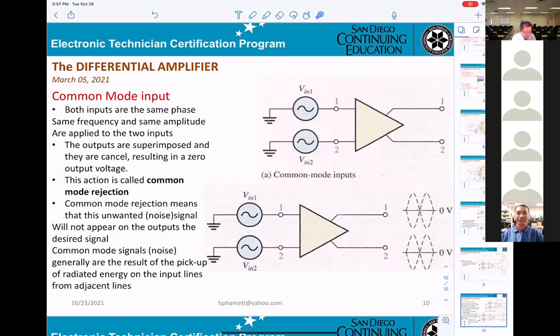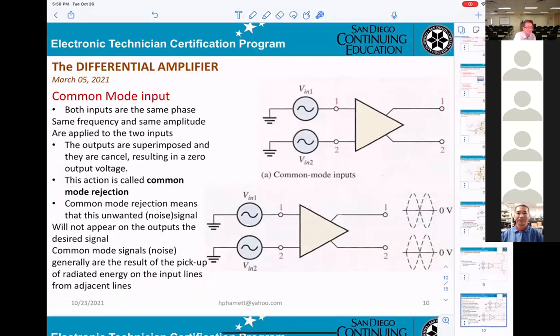Now, common mode rejection means that this unwanted noise signal will not appear on the output, the desired signal. Common mode signals, which are the noise, generally result from the pickup of radiated energy on the input lines from adjacent lines.